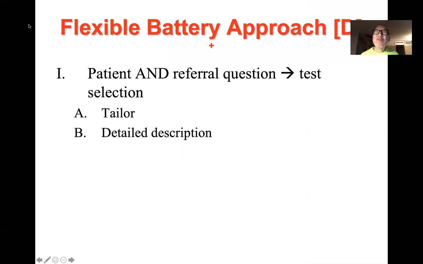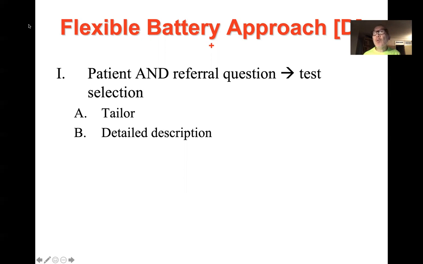Okay, now the flexible battery approach is, unlike the fixed battery, we don't have a set series of 10 or 12 tests to administer. What's done in a flexible battery is, as the term connotes, the neuropsychologist or psychologist has a flexible approach to determining what tests and in what order they'll administer to the client. And it will be guided by the referral question. So if the referral question is asking about attention, then the examiner will focus on a whole bunch of attentional tests.